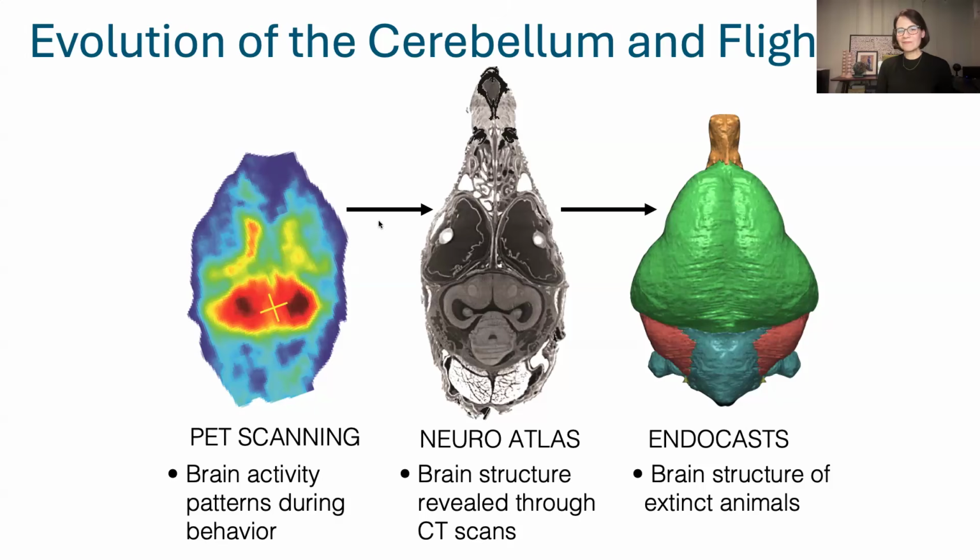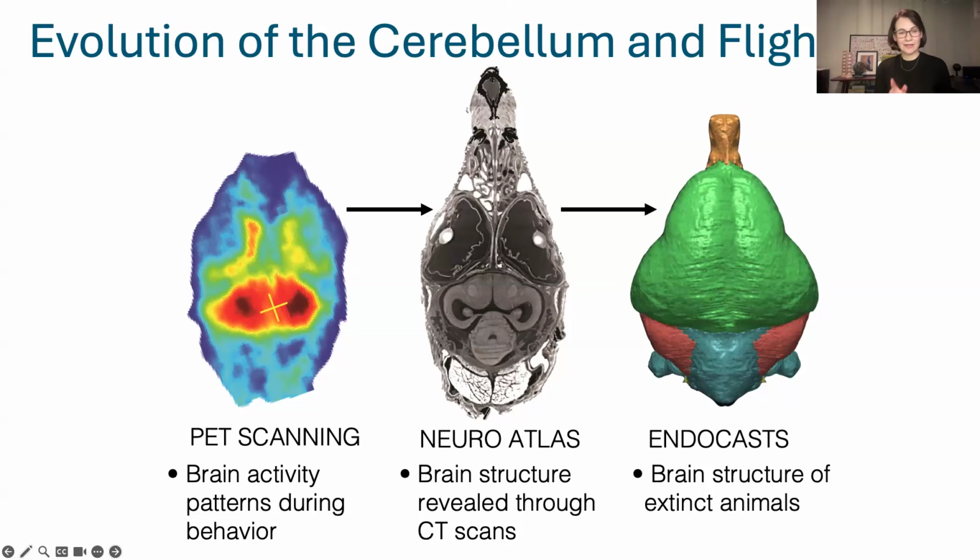So where I really see the importance of this work is drawing these direct lines of inference between neurophysiological data, the neuroanatomical data, and the deep history of the brain that we see in endocasts, because it's through these types of integrative cross-disciplinary studies that we can really appreciate the neurological basis of major evolutionary transformations.